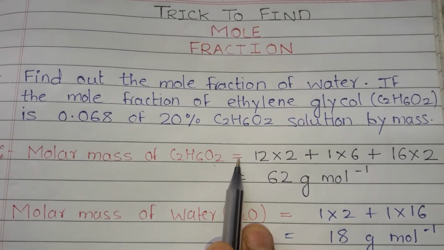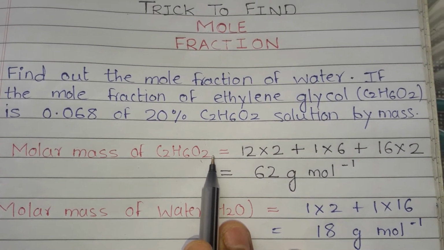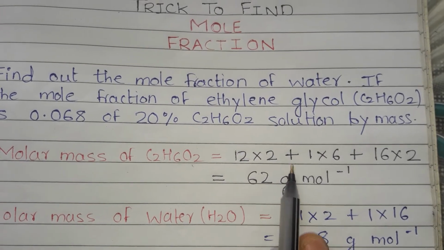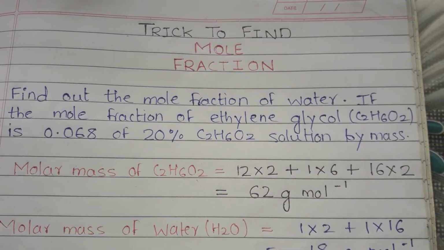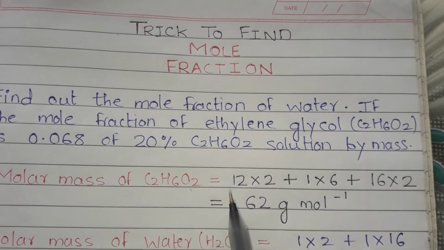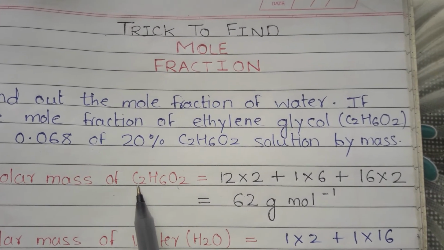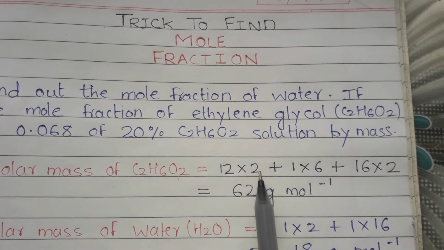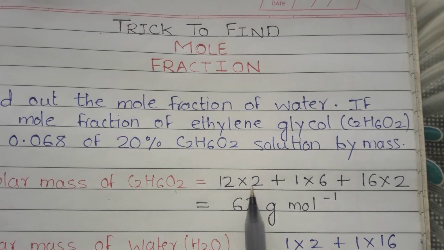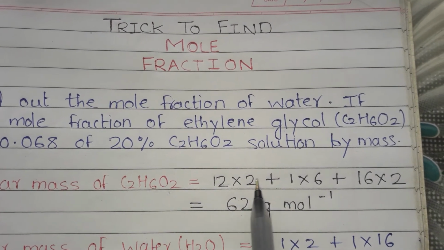To find the molar mass of ethylene glycol, we will simply find the atomic masses, and atomic mass is nothing but molar mass. We have two carbons, so we will multiply 2 by the atomic weight of carbon, that means 12 into 2, plus we have 6 hydrogens, that means 1 into 6.